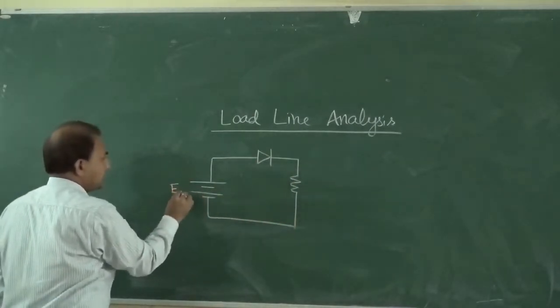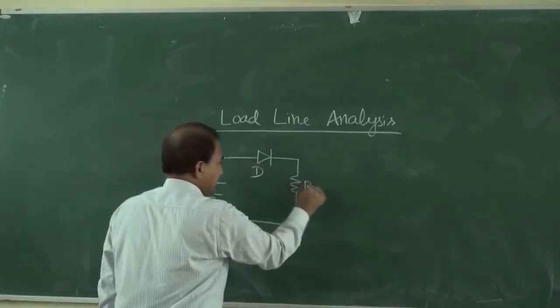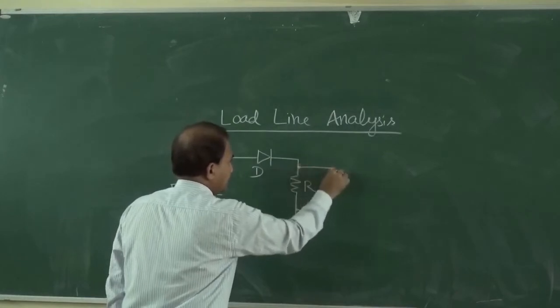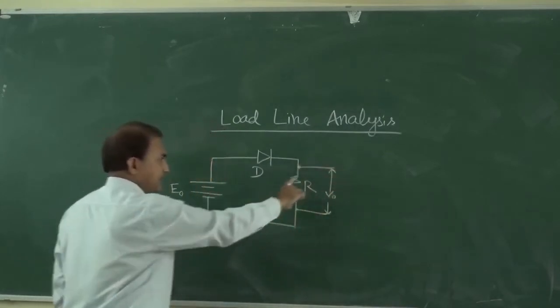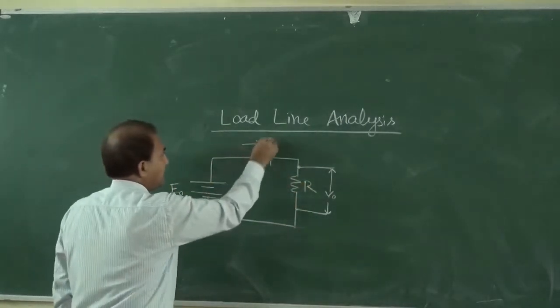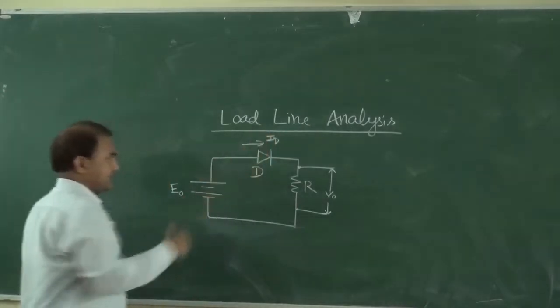Suppose this is E0, this is diode D, and this is R. The voltage can be measured across this R, and this is ID.